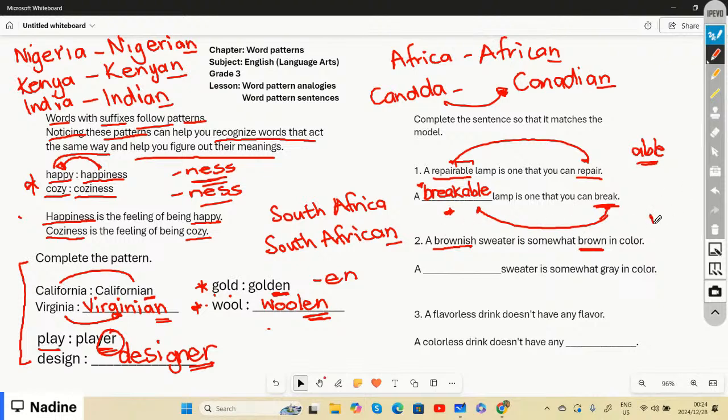We added the suffix ish to that word. Now the next one says a sweater is somewhat gray in color, meaning that a somewhat gray in color sweater is what? What is that word that we can identify?